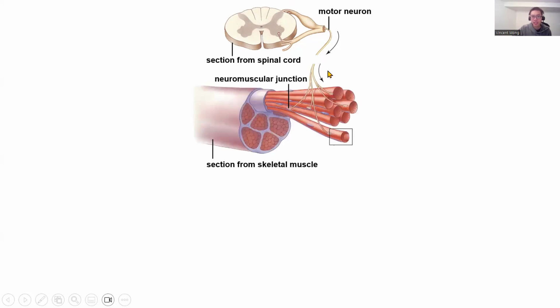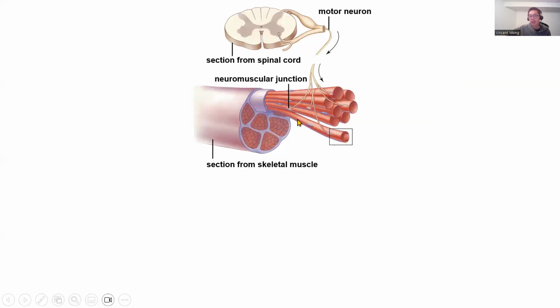That motor neuron is going to form a neuromuscular junction, which is similar to a neuronal synapse, but this is between a neuron and a muscle. And it's going to connect to a whole group of them. So usually when you produce contraction, a whole group of muscle is going to pull at the same time.